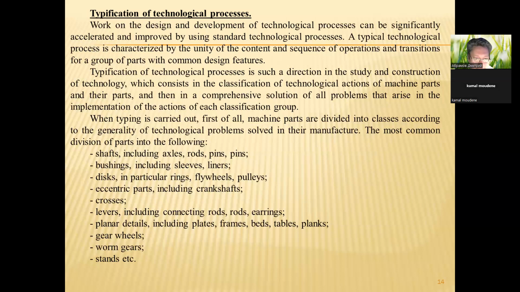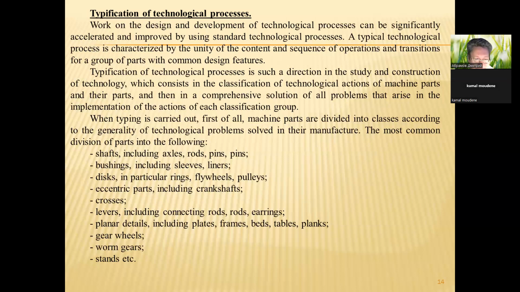Eccentric parts, including crankshafts, crosses, levers, including connecting rods, earrings. Then planar details, including plates, frames, beds, tables, planks.